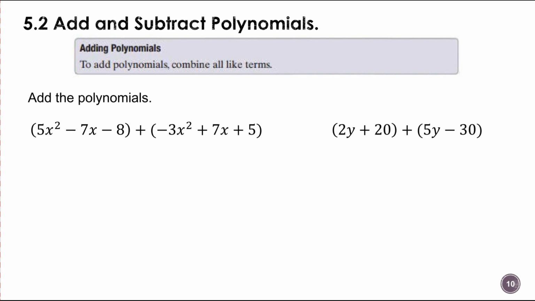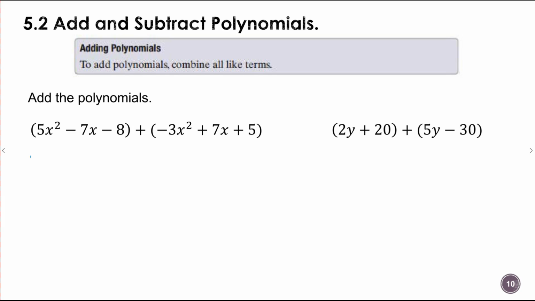And then on these two, it says add polynomials. Well, adding polynomials is really the same thing we've been doing. You can take these parentheses off, but you don't have to, because with addition, the signs do not change. Now, I think I'm going to rewrite these though, and just kind of put them side by side.